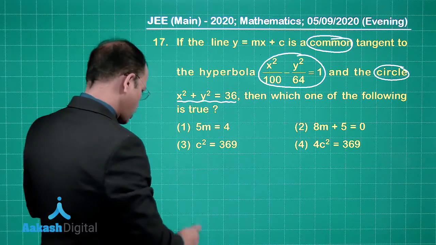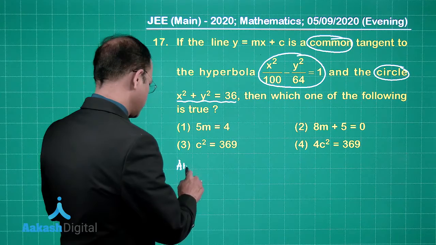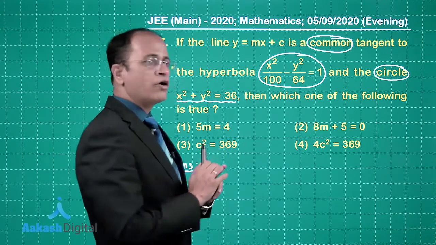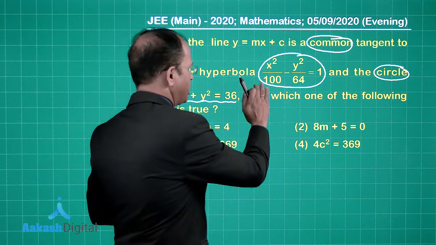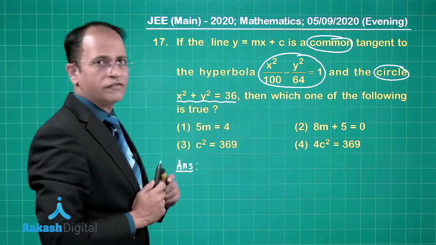Now, when you talk about the common tangent, that means first of all, let's understand what are the slope form of the tangents for both hyperbola and circle. That will help us because y is equal to mx plus c is given. Slope is involved here.